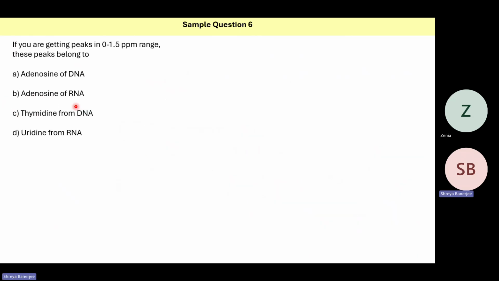The next question is asking that if we are getting peaks in the range 0 to 1.5 ppm, to what do they belong to?